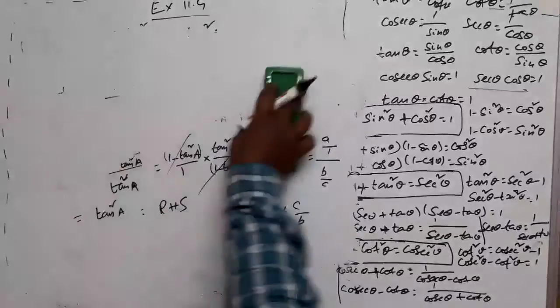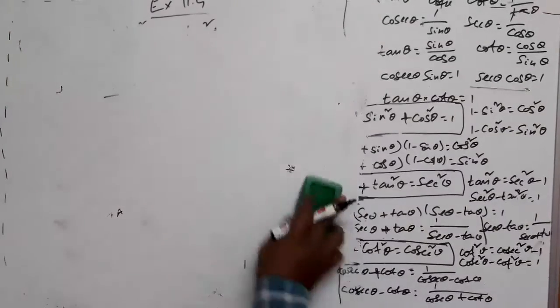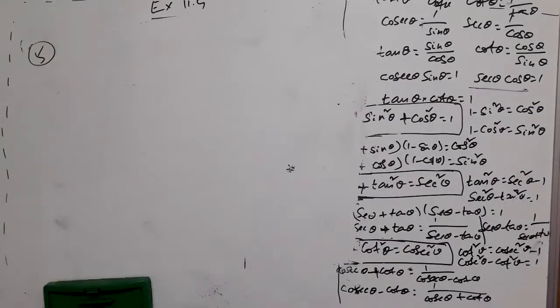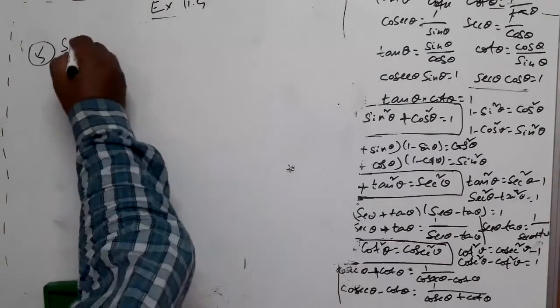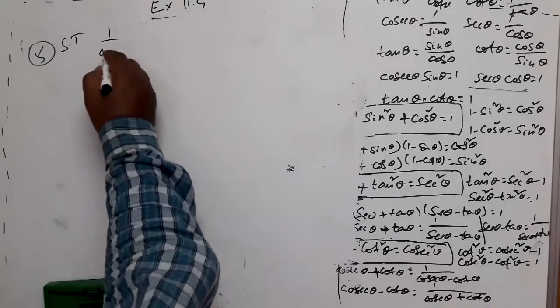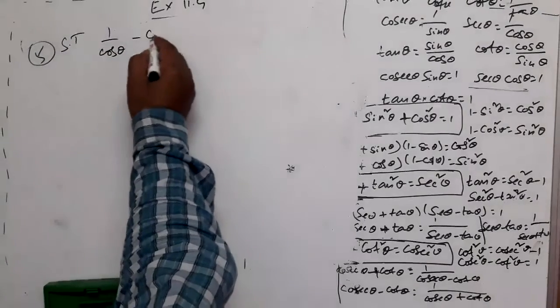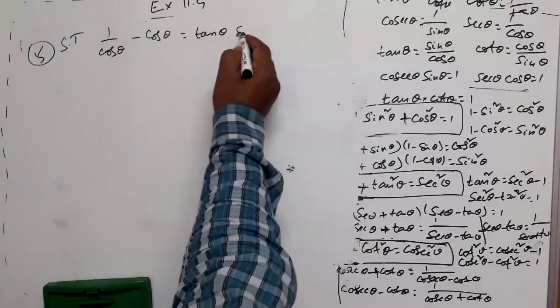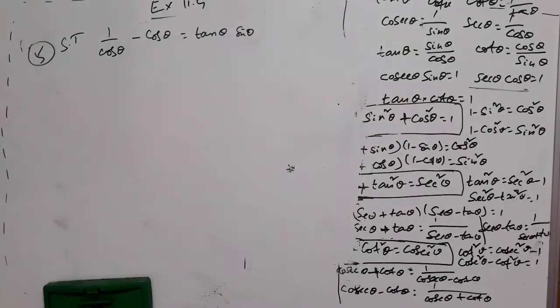Let us proceed to the next question, question number 5. Show that 1 by cos theta minus cos theta is equal to tan theta into sin theta. Yes, this is the question. How shall we proceed?